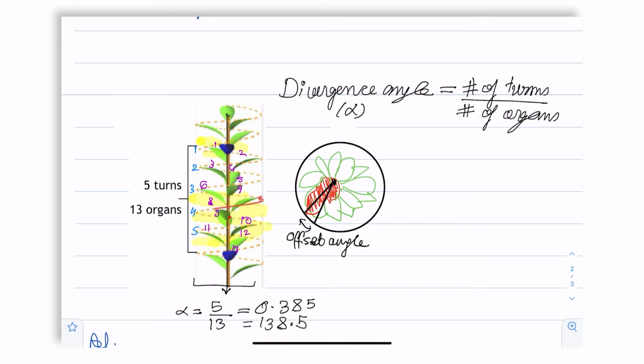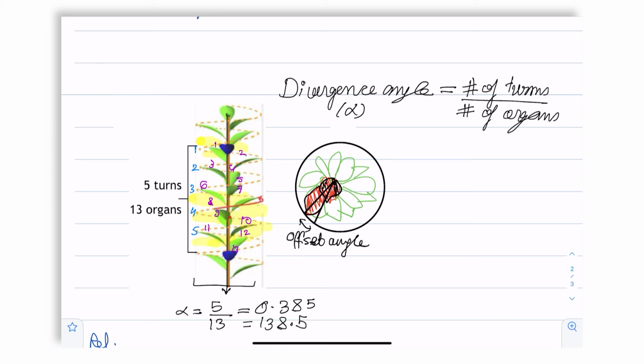Or it may be large. And this depends a little bit on the species. However, we can still calculate an angle that expresses this regularity, and we call this the divergence angle.